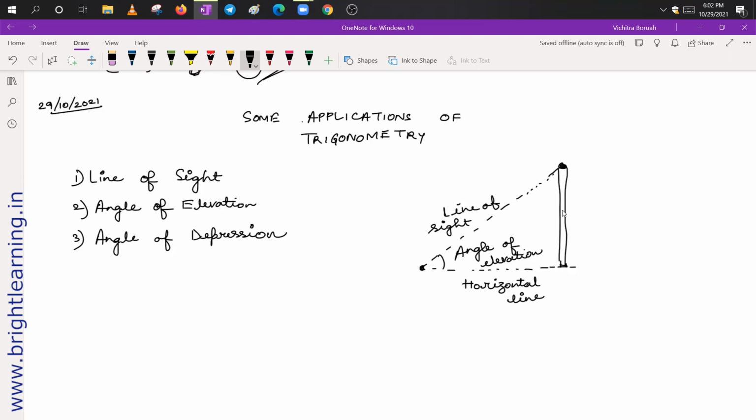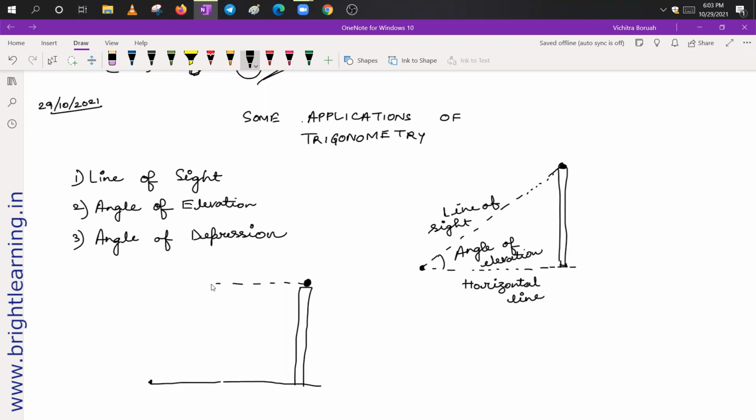Okay, now similarly, let us take the same tower, and suppose the person is standing at the top of this tower, and the person is looking at some object. Suppose this is the object on the ground. Now for this person, this will be the horizontal line.